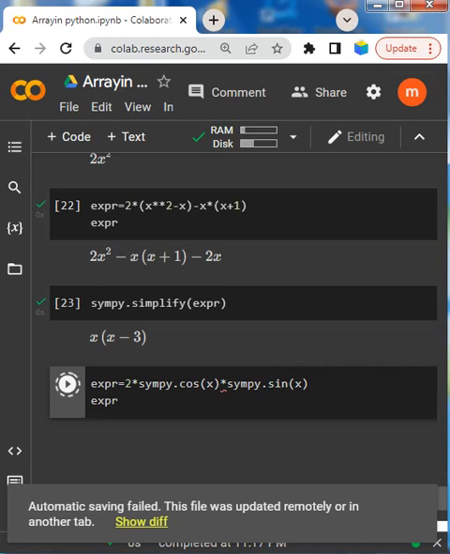Let's see, is it possible? This is the easiest way. Within seconds you can create this type of expression.